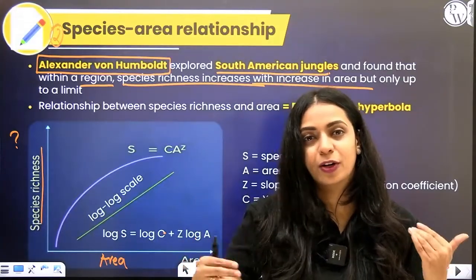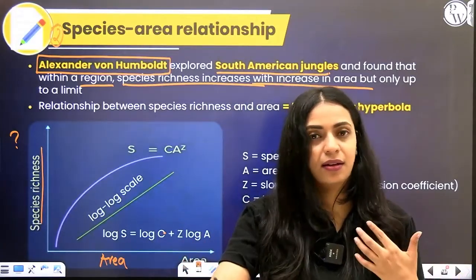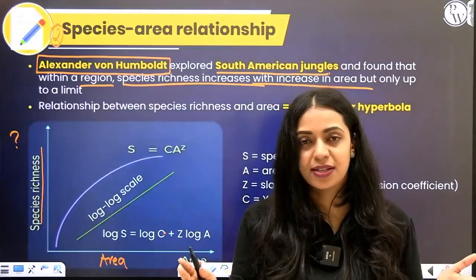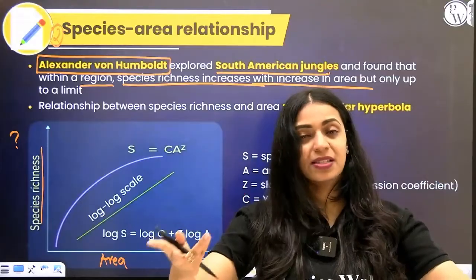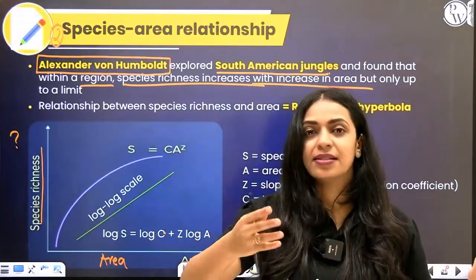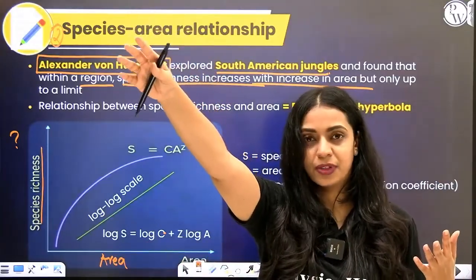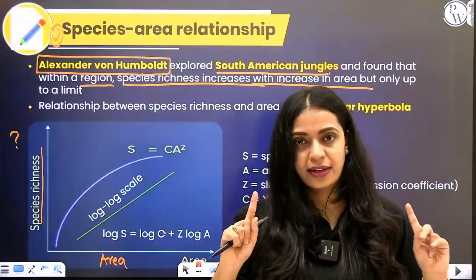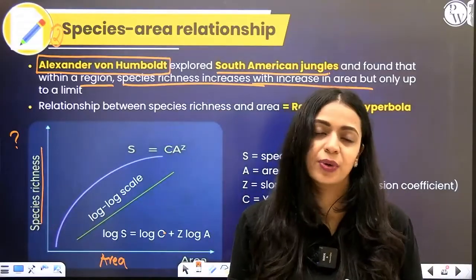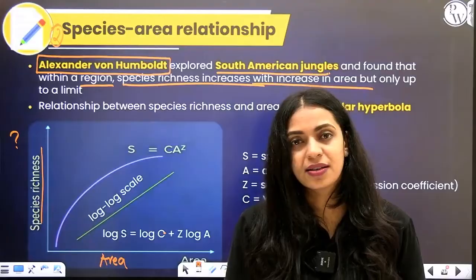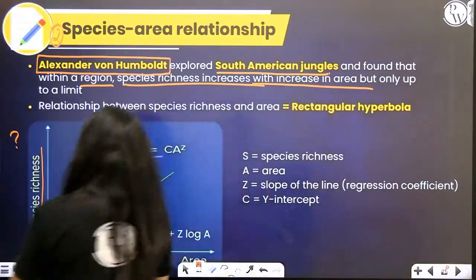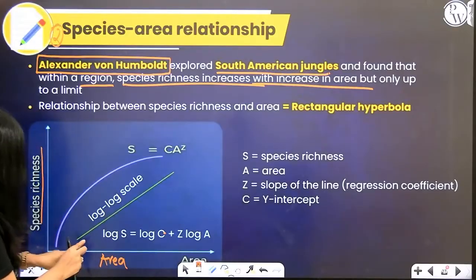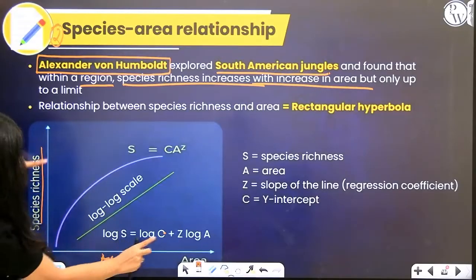In Bangalore, in different parts of the city, you have different kinds of avenue trees. So whatever trees are found in the street that I live in may not be the same species as the trees that are found in some other street, right? So if you're considering a larger area, obviously the species richness is going to increase. So what he is trying to say here is, as the area that you're exploring increases, you can see how the species richness is also increasing.